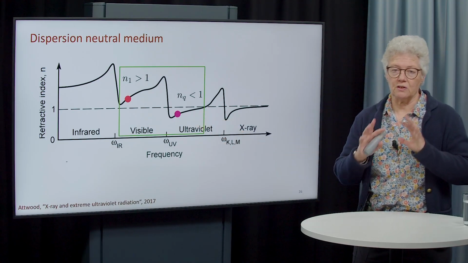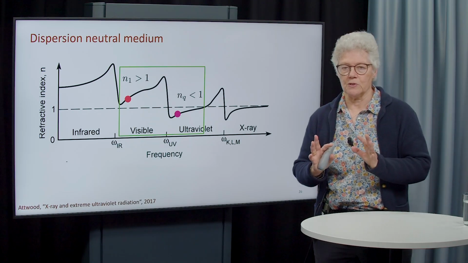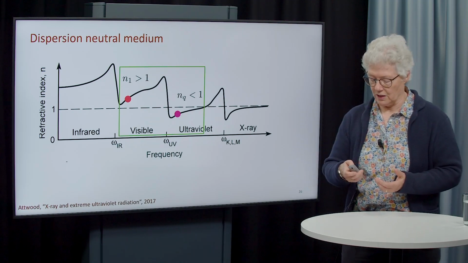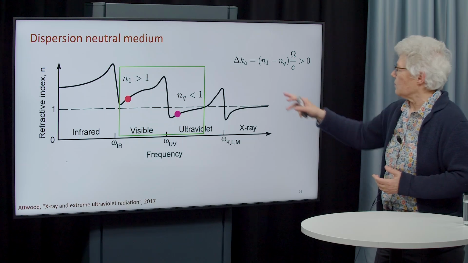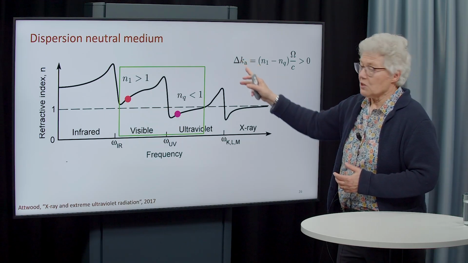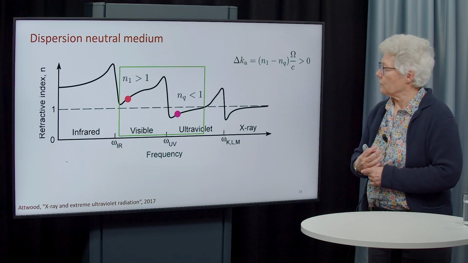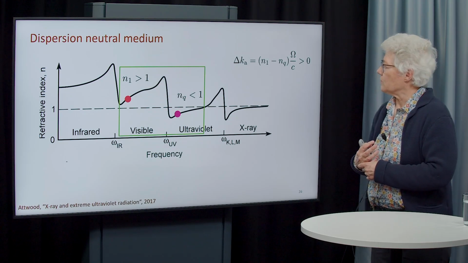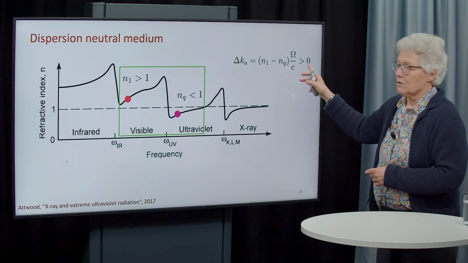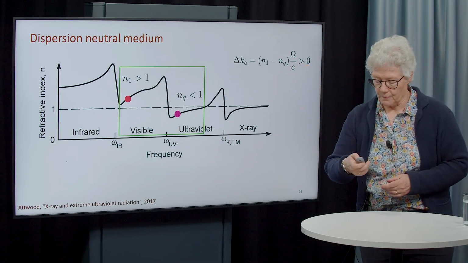So this really shows that if you only consider neutral atoms, phase matching cannot be realized. And so the phase mismatch, because of dispersion in the neutral medium, is always positive.